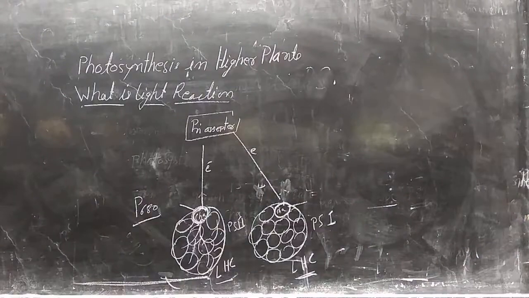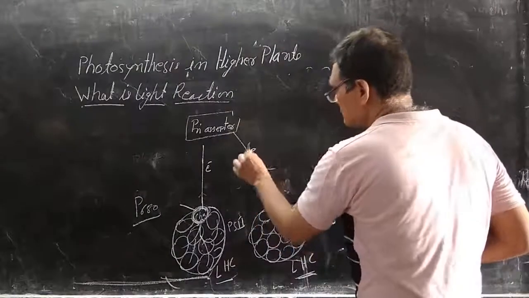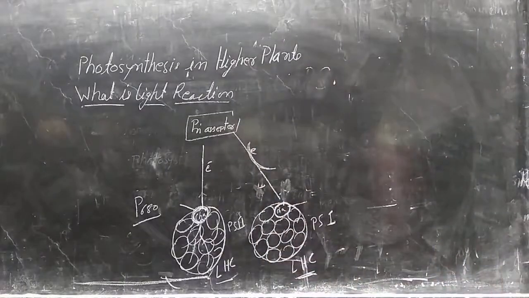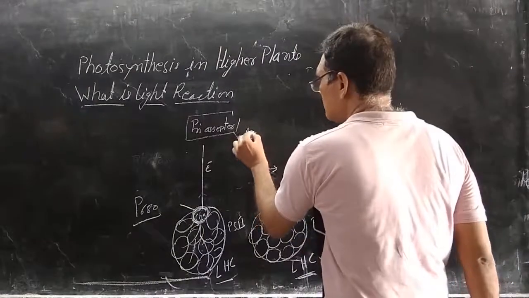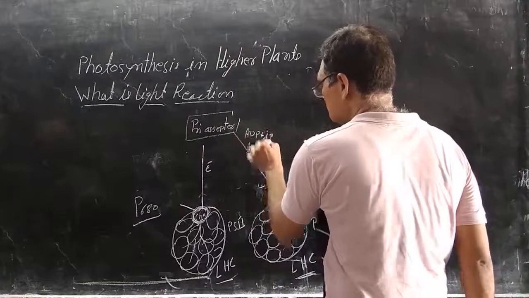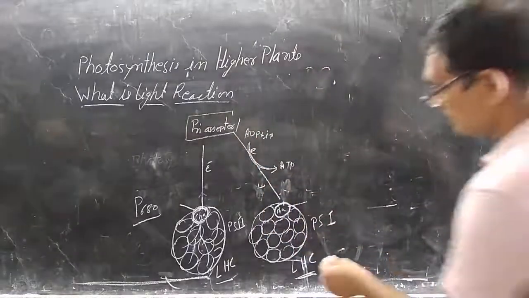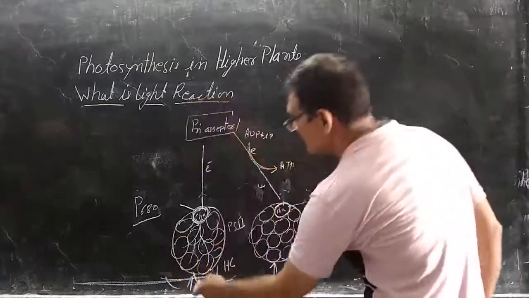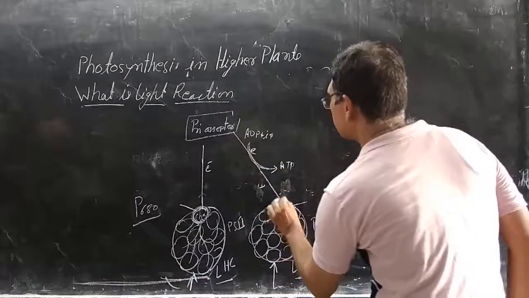Whenever that electron is transferred here, some energy is used, meaning the electron is transferred in a downhill journey with the help of redox reactions, and from here ADP plus inorganic phosphate will release ATP molecules. Again the light energy: यहाँ से लाइट एनर्जी से इलेक्ट्रॉन यहाँ है, यहाँ से भी लाइट एनर्जी मिली, यहाँ से भी इलेक्ट्रॉन वापस निकलेगा.